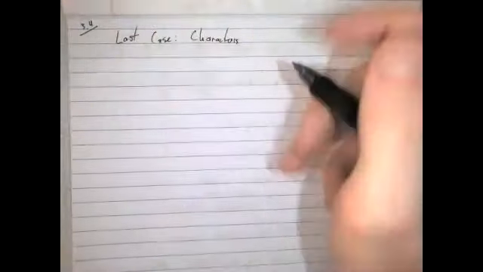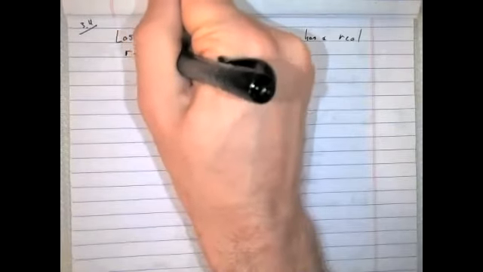So this is section 3.4. The last case is the characteristic equation has a real repeated root.